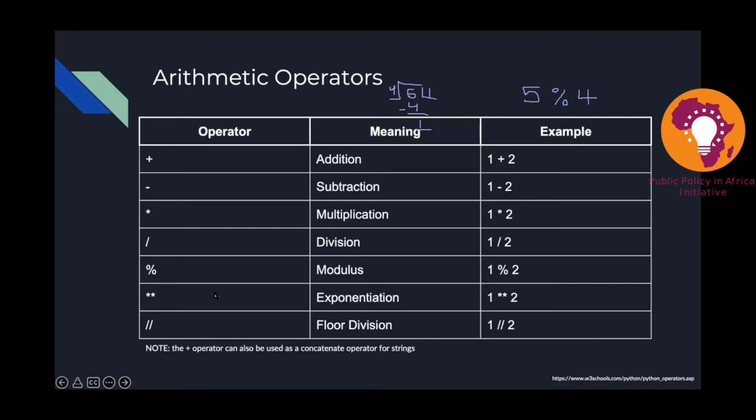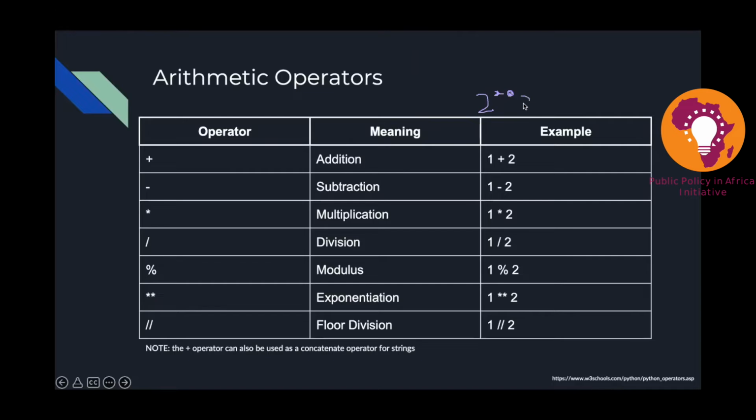So moving on, we have exponentiation. This is the double star. So 1 raised to the power 2 will just be 1, because that means 1 times 1. If we want to do a better example of this, let me just clear this. Okay, so if we do 2, just imagine that's a star.